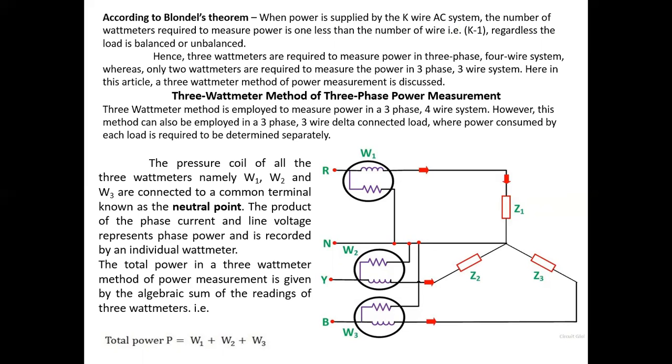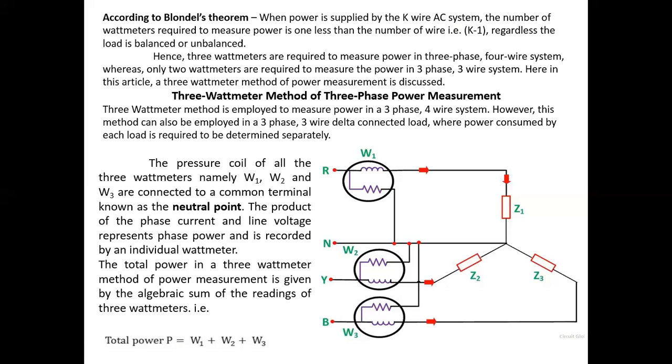Similarly, the current coils of W2 and W3 are connected in series with phase Y and B, and the pressure coils of both wattmeters are connected between phase Y and phase B and neutral.